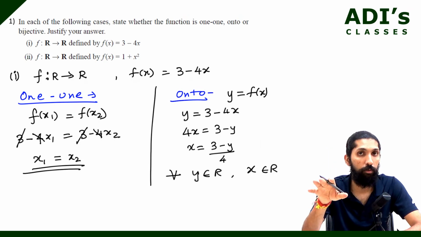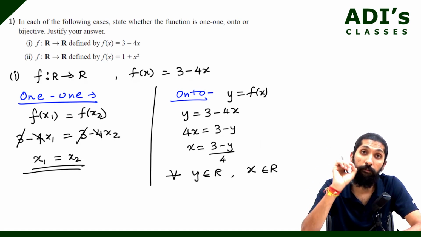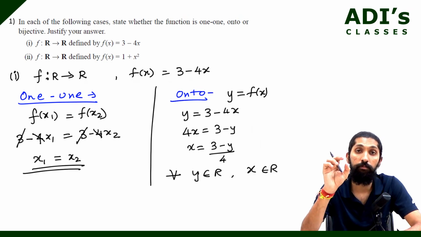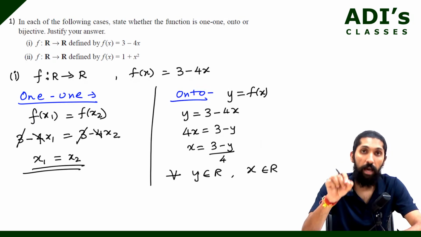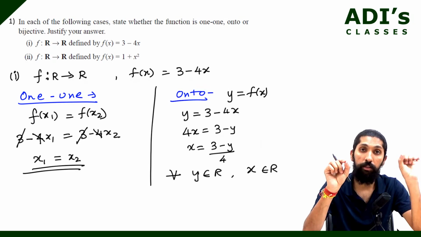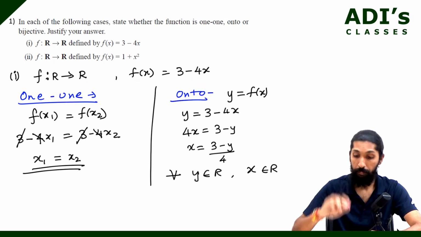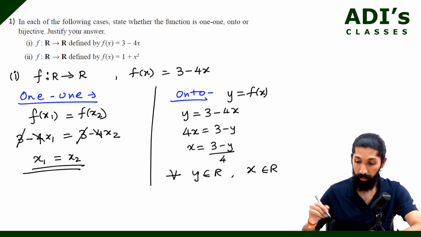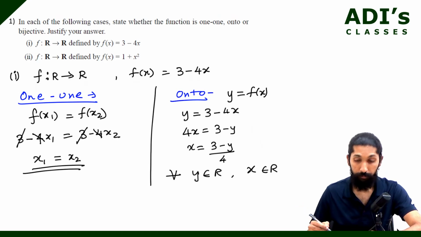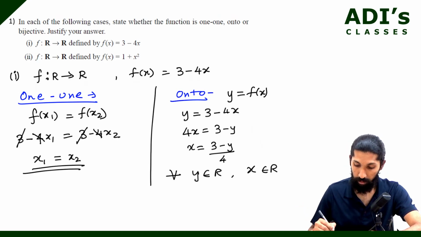Every element of the range set has a pre-image in the domain set. So for all y belongs to R, x also belongs to R. That means f is onto.